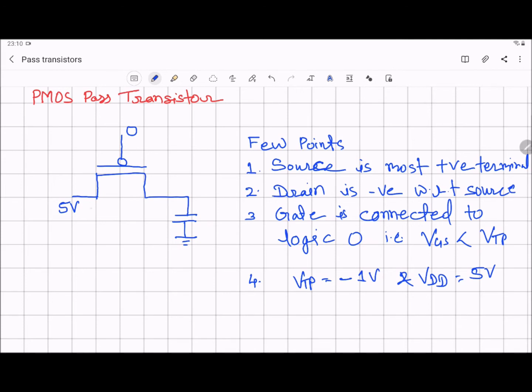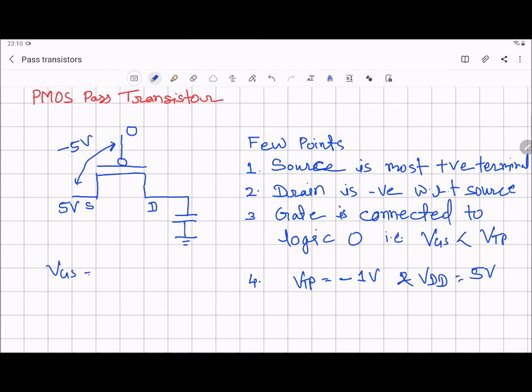So 5 volt terminal can be treated as source. The terminal in which capacitor is connected is going to be drain, and we have a VGS of minus 5 volt, which is less than threshold voltage.